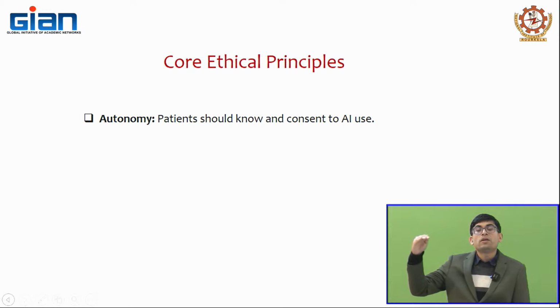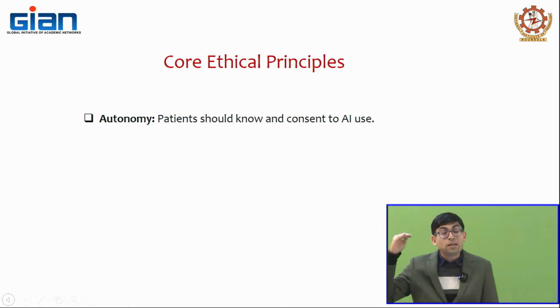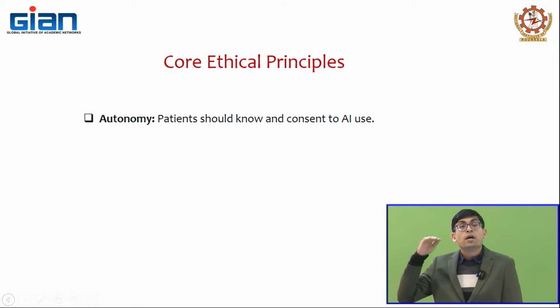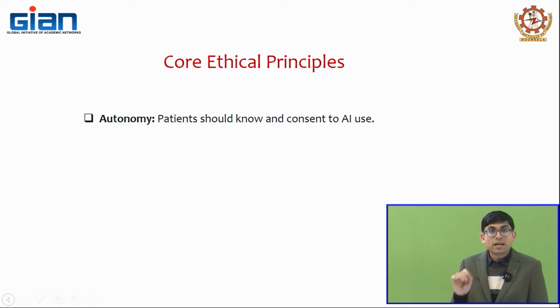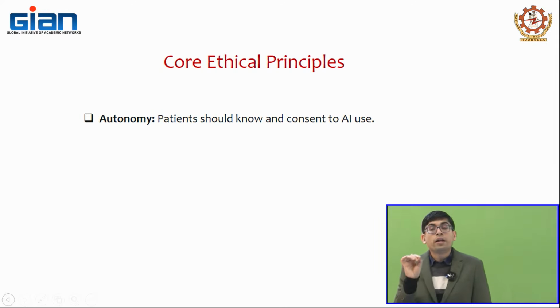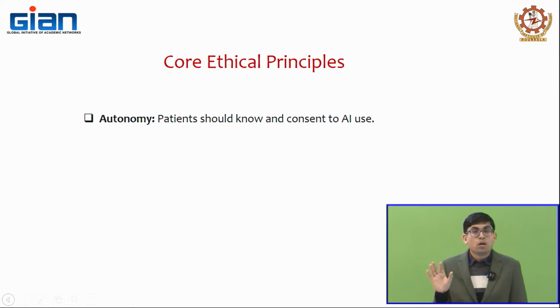If the data is being used for training models, then before they get treated, they should be given a form, whether paper or electronic, where they can see what their data is being used for. And only if they consent to it should their data be collected for AI model training or validation. Patients can choose to opt out if they want.